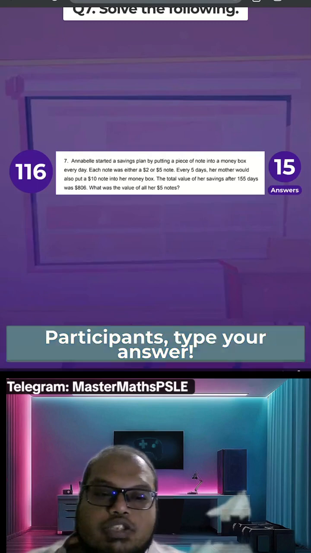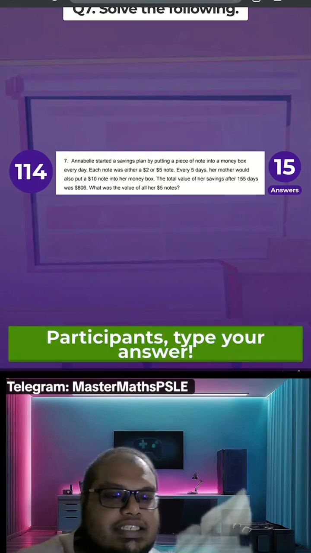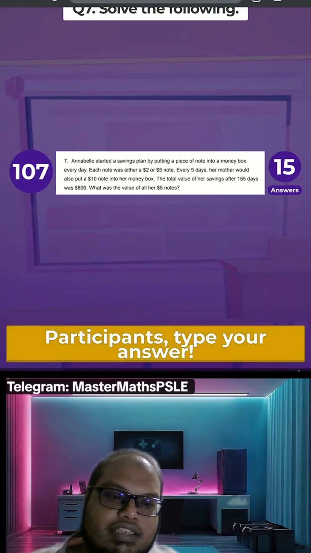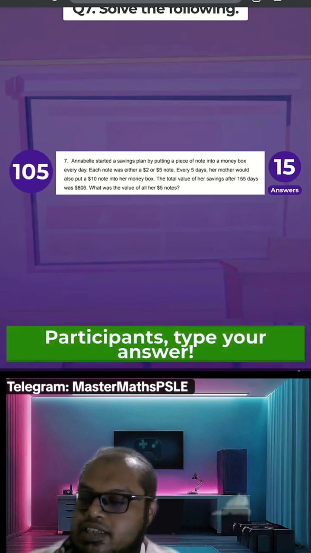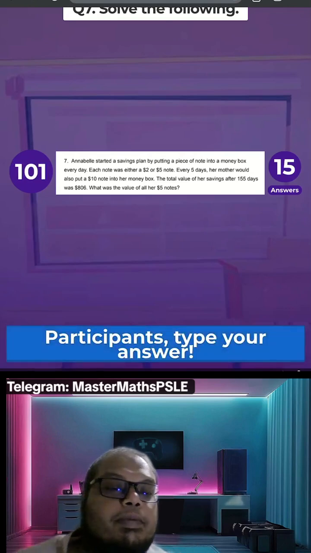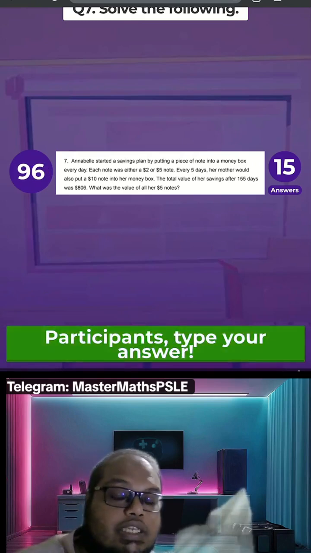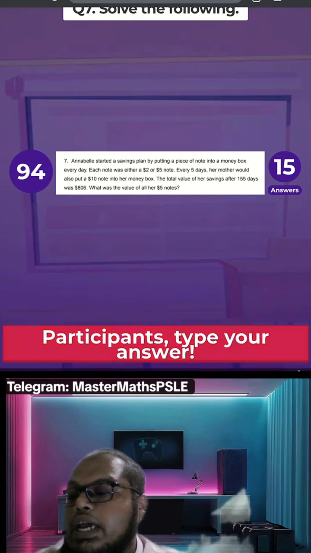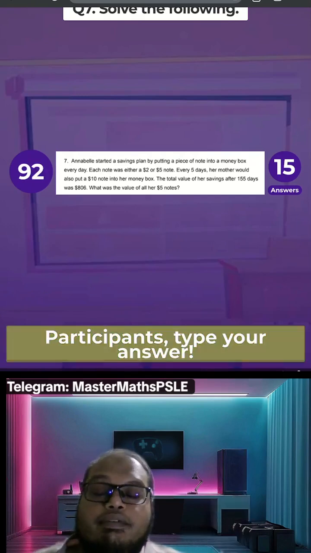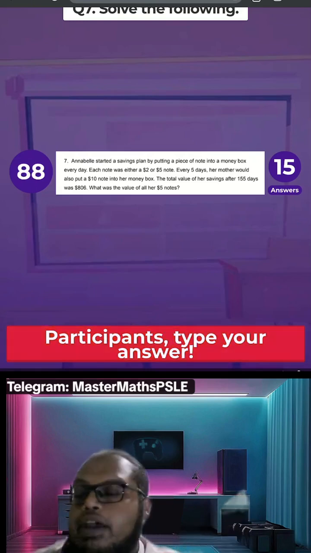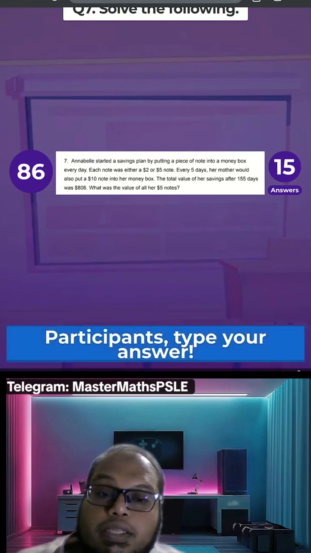We've got less than 2 more minutes. In the end, remember, it's not asking you for the value or the total amount of $5 notes, but they also want the value of the $5 note. So if you already got the amount of notes for $5, you must still multiply it by 5.